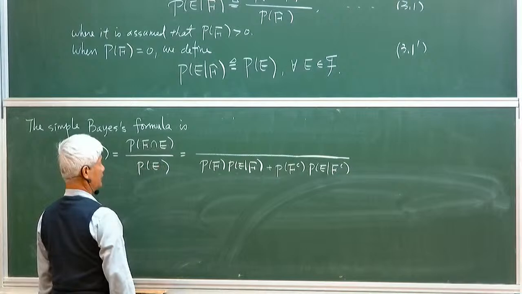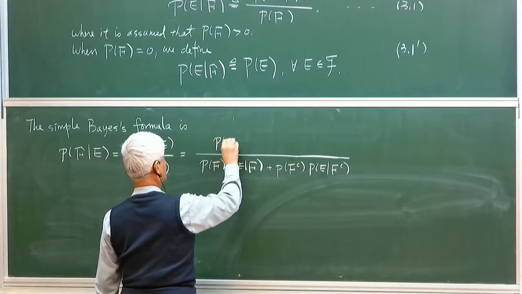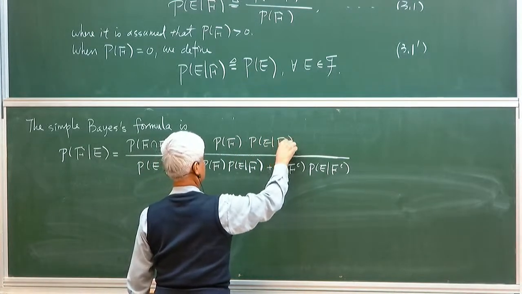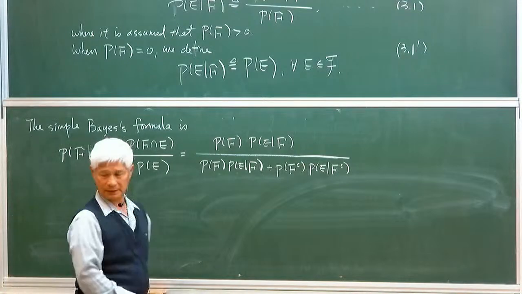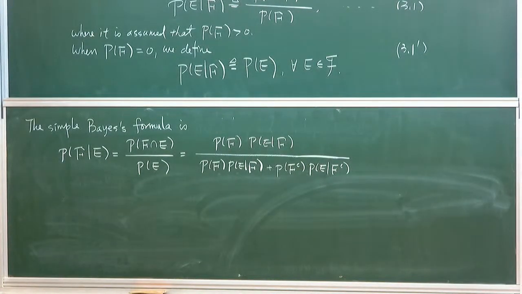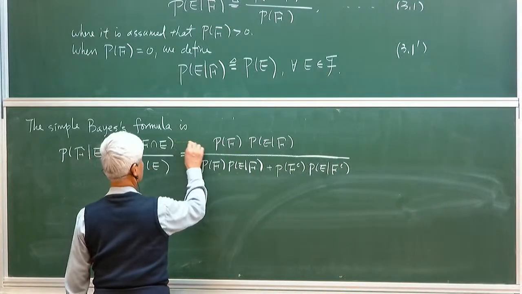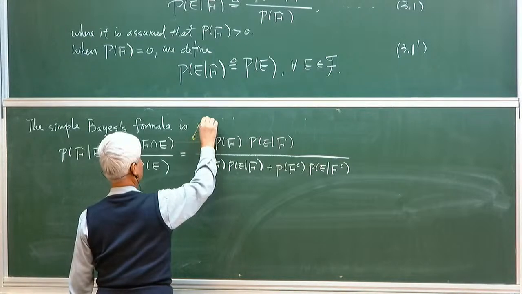And for the numerator, we can use the multiplication rule. The multiplication rule gives us that. This one goes here by multiplication.